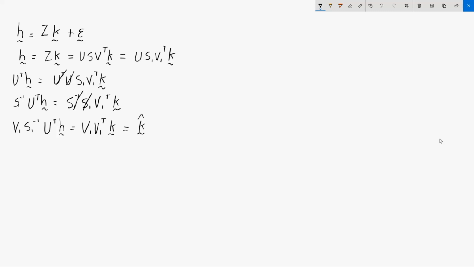I haven't recovered K. What I've in fact recovered is the projection of K onto the solution space. So let me draw that over here.